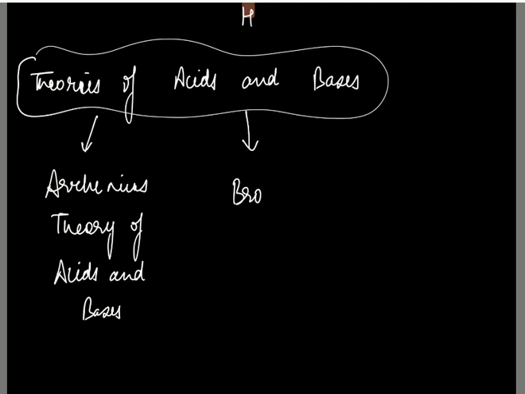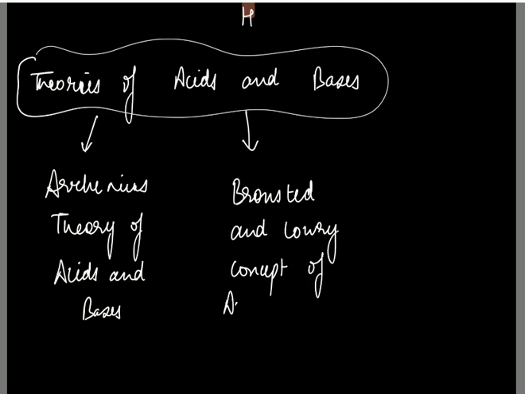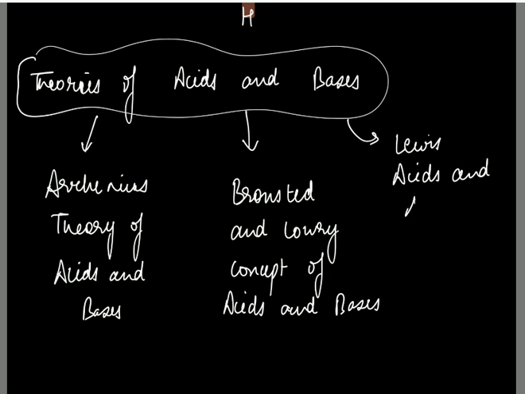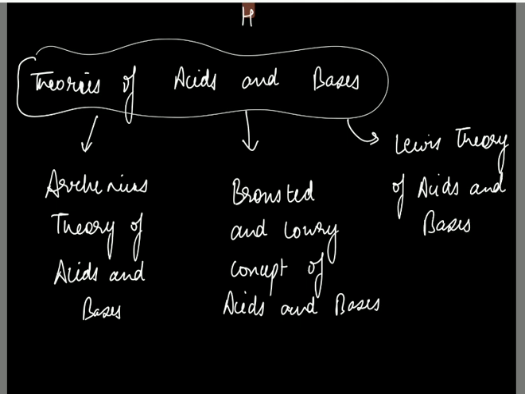Then we have second Bronsted and Lowry concept of acids and bases. Then the third one that we have is Lewis theory of acids and bases. So we have already discussed about Arrhenius.